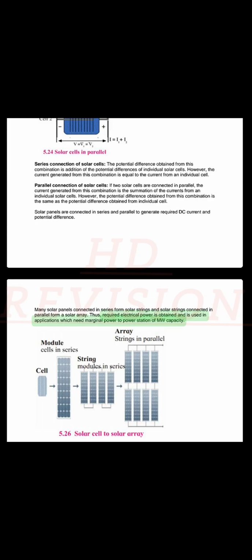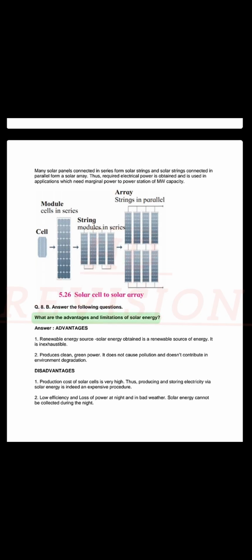Q. 8. B. Answer the following questions. What are the advantages and limitations of solar energy? Answer: Advantages: 1. Renewable energy source. Solar energy is obtained as a renewable source of energy. It is inexhaustible.